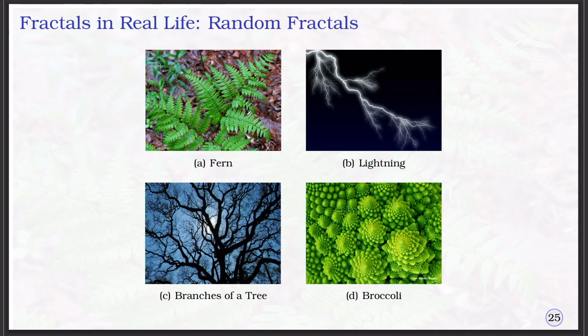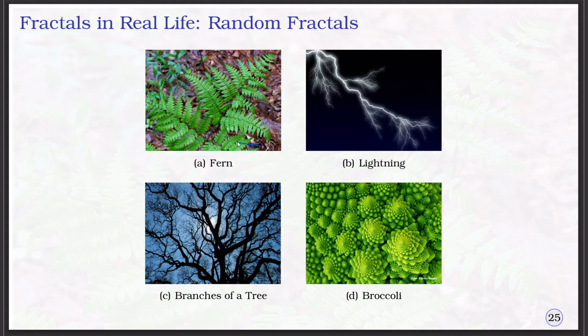Most of the random fractals appear in nature. Here you can see 4 images presented: the fan leaf and lightning in the second figure, and here the branches of a tree and a broccoli. Now you can check this fan leaf.